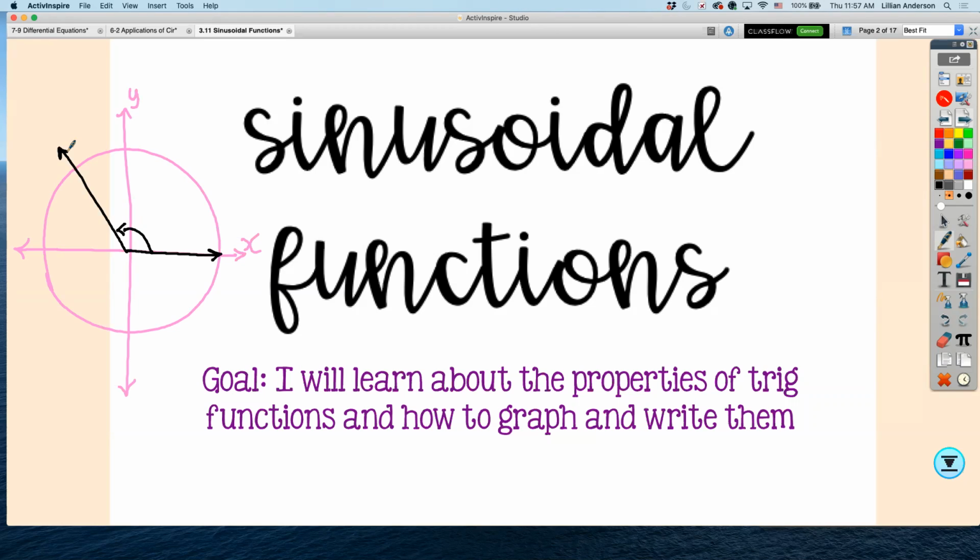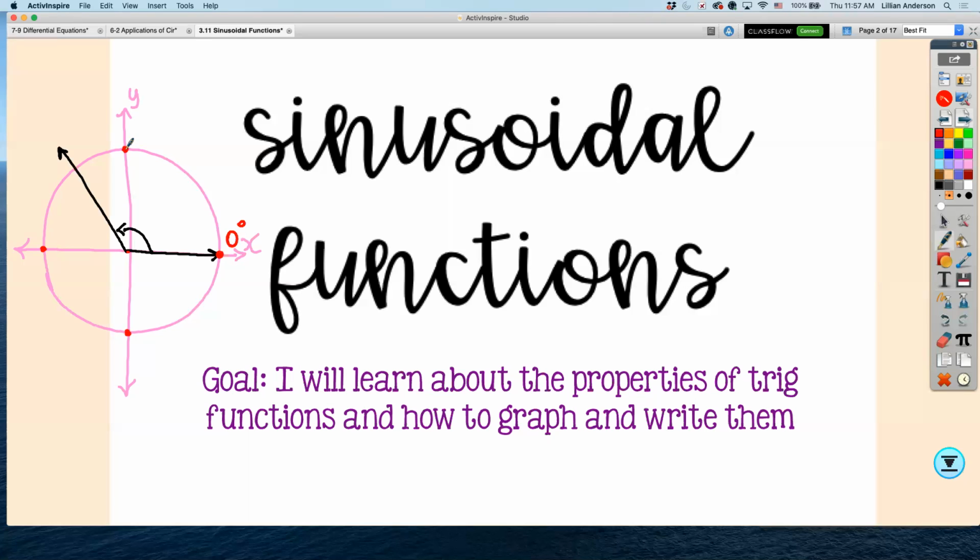Now, the pieces on the unit circle that you need to know for this class are your quadrantal angles. They are your angles that lie on each of the axes. Since our initial side starts here on the positive x-axis, that is 0 degrees.